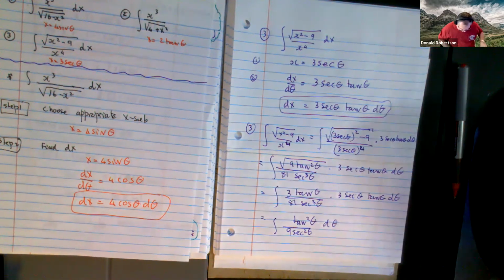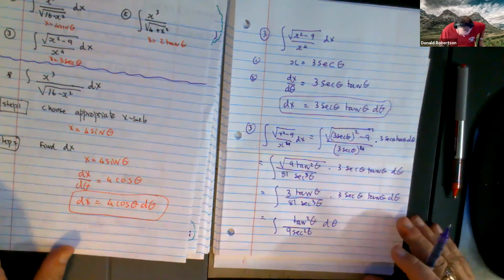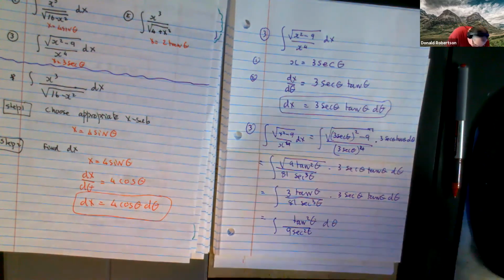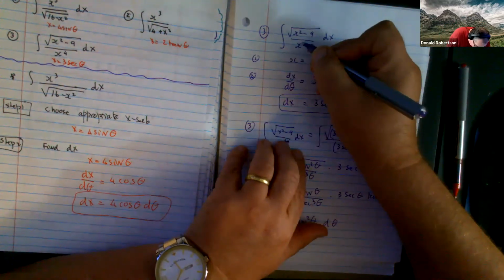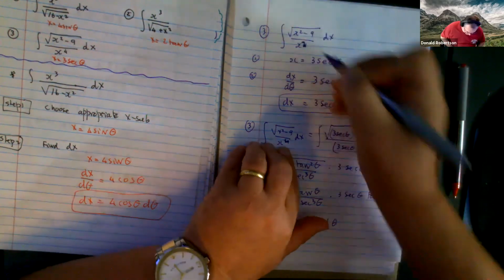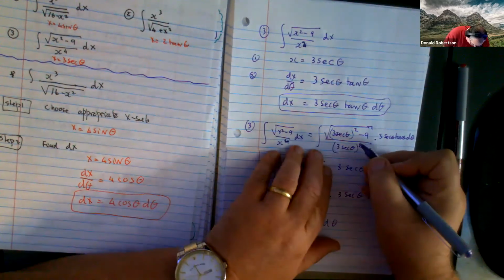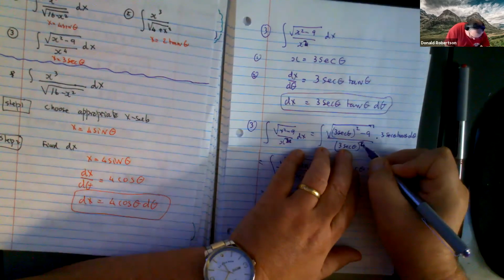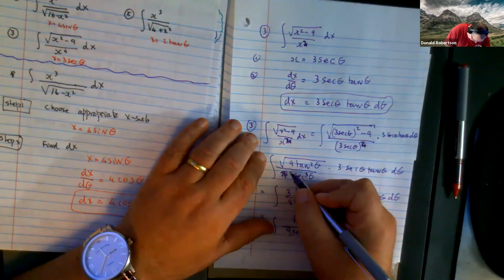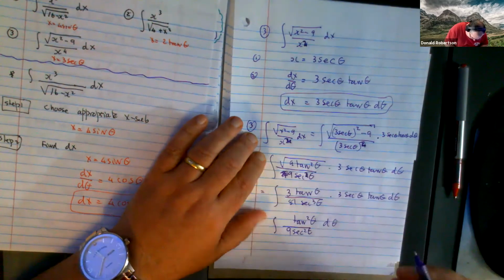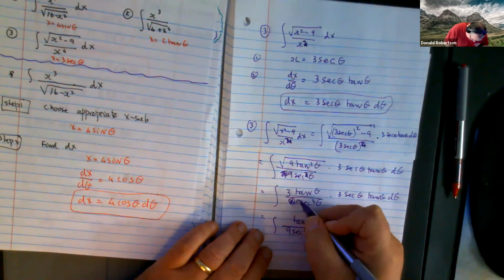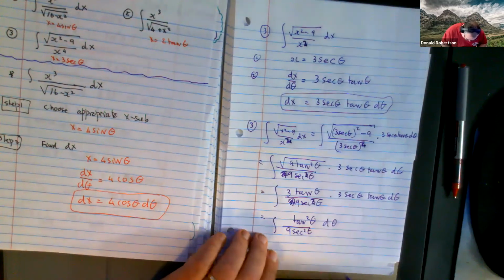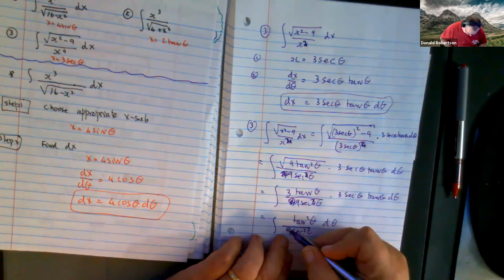I did copy it wrong. That's squared. Sorry about this. That's squared. That's squared. That's 9. That's squared. That's 9. That's squared. And these all cancel. Right?